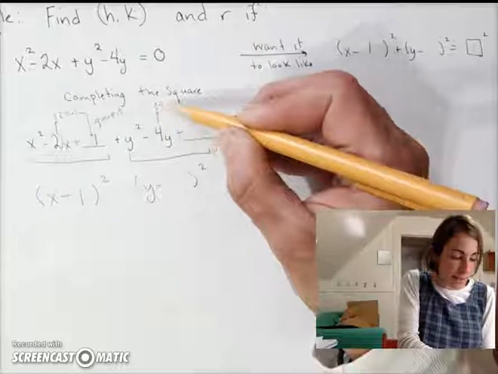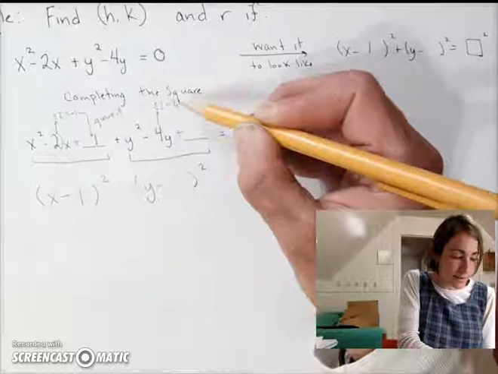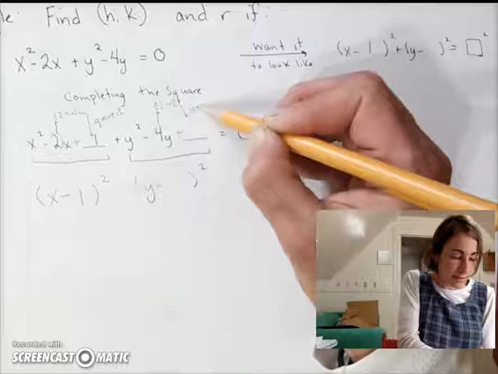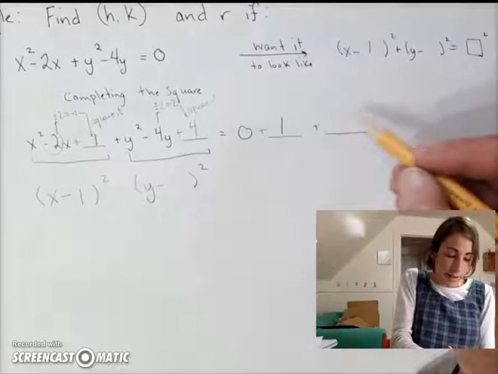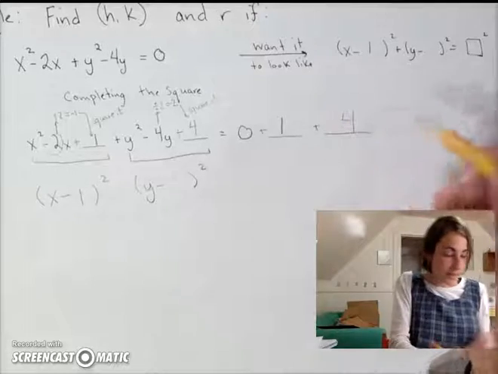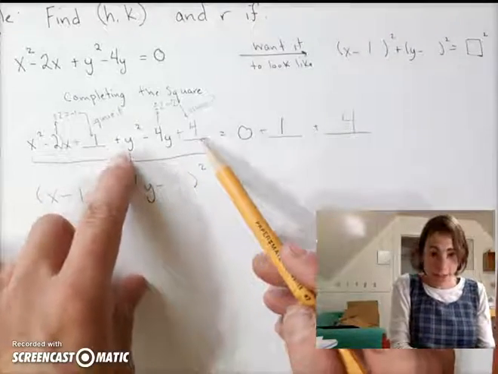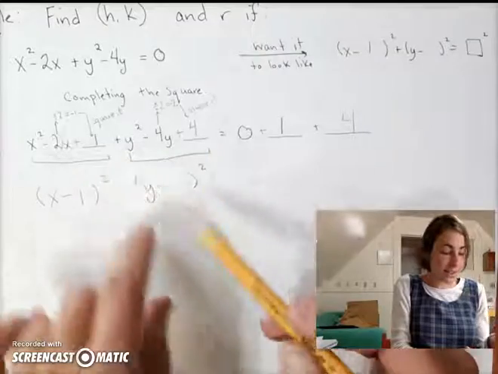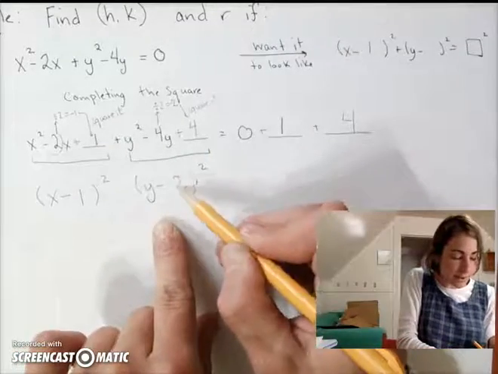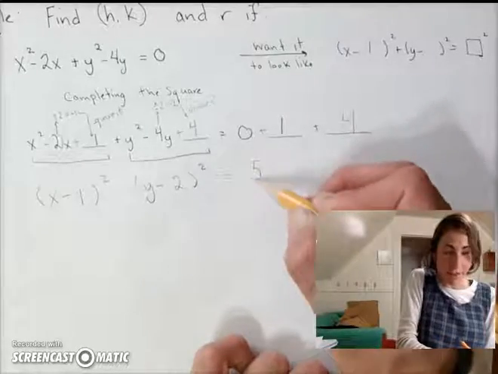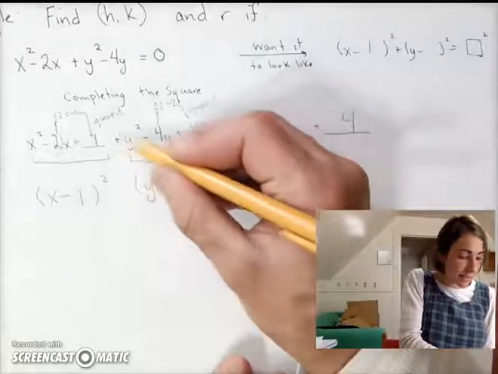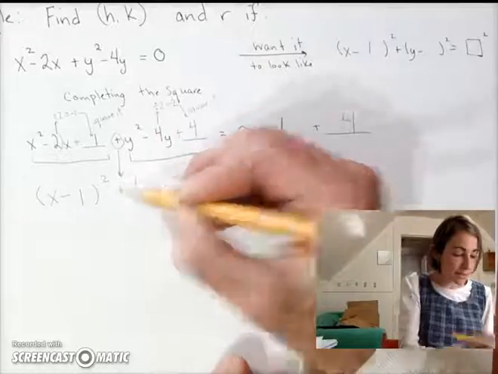I divide by 2, and that gives me -2, and then I square it, and that gives me 4. Add 4 to this side as well. So now I have the perfect trinomial because it factors as y minus 2 quantity squared. And on the right-hand side, I'll get 5. And I still have this plus in between that I need to bring down.